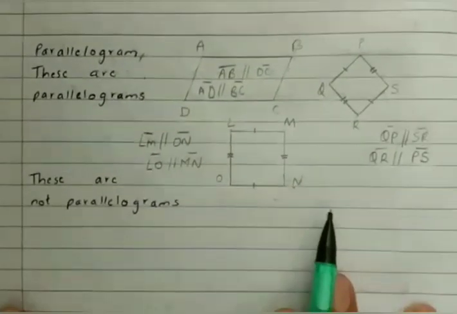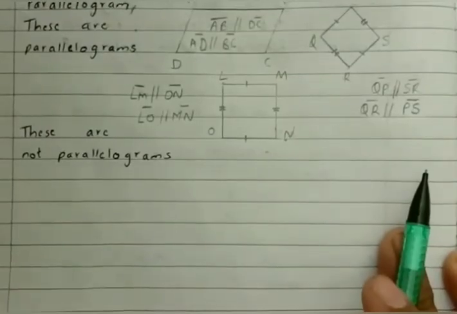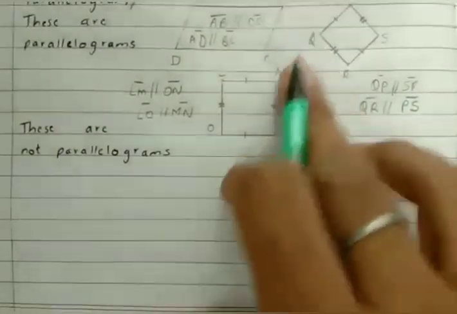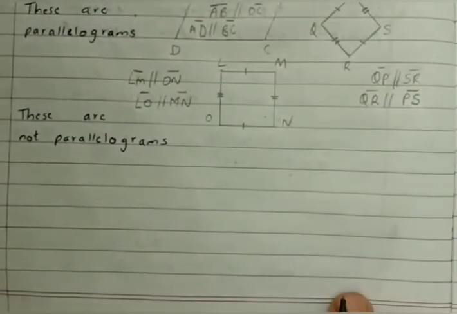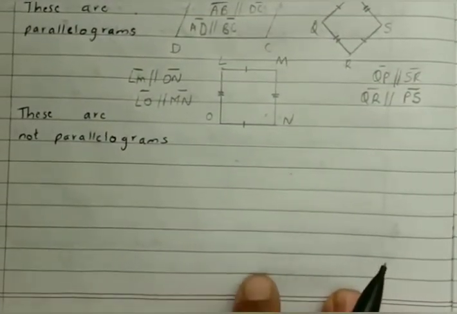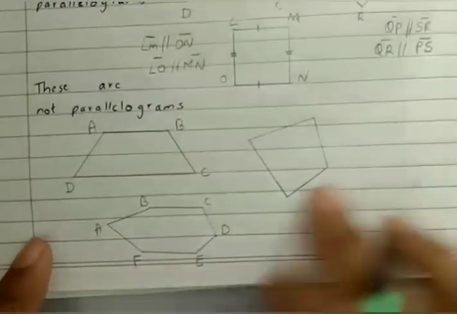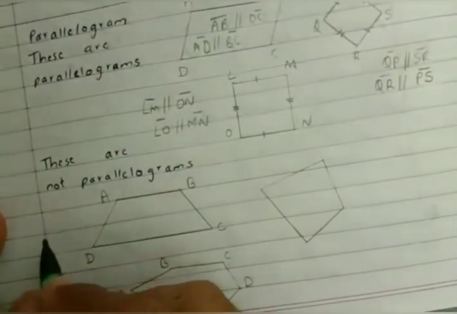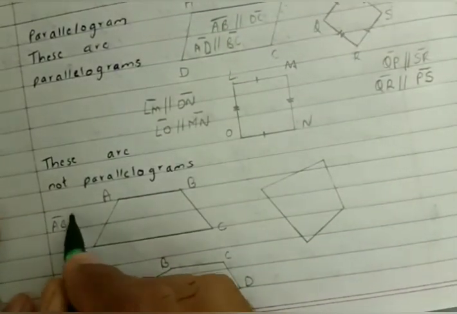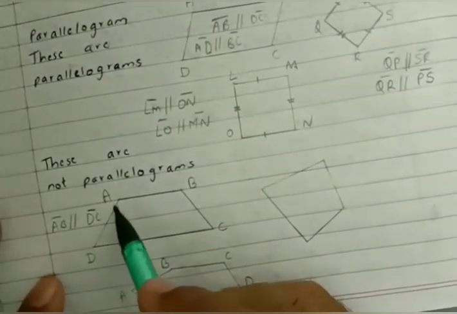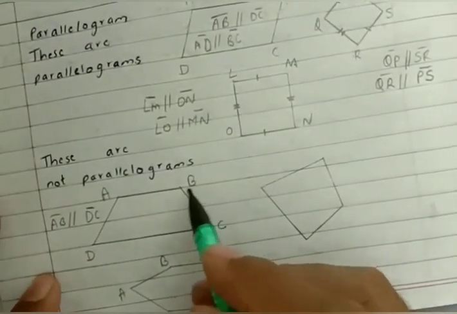Now you will see these are non-parallelograms which you will draw, so that you will be easily able to differentiate between them. Now if you look at these pictures, here AB is parallel to BC, but AD is not parallel to BC.